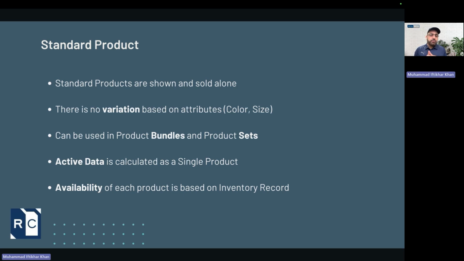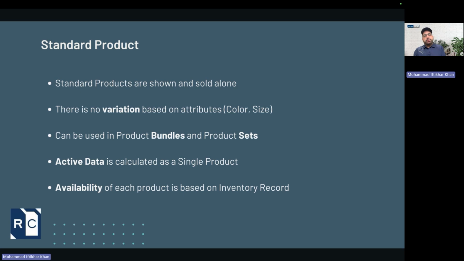So active data for a single product is calculated as a single product. Like in the variation and the base product, it's calculated in a different way. That's why here the active data is collected as a single product.